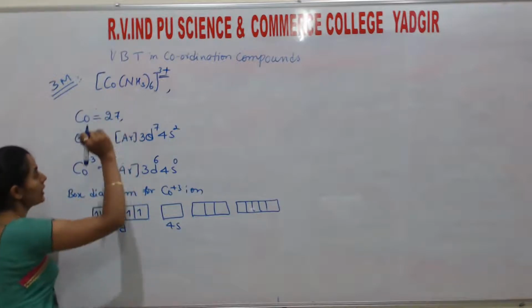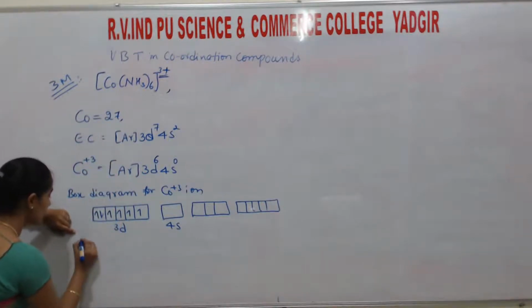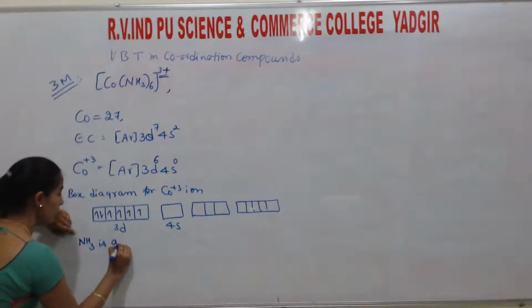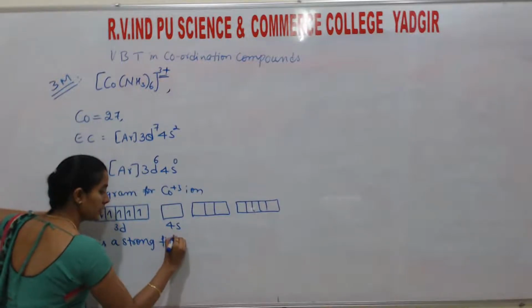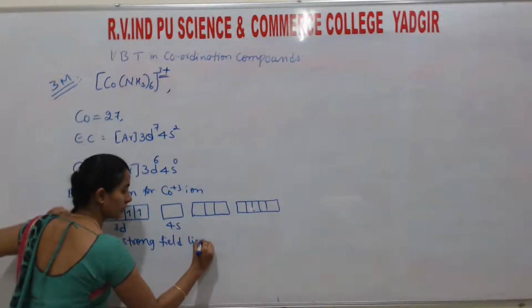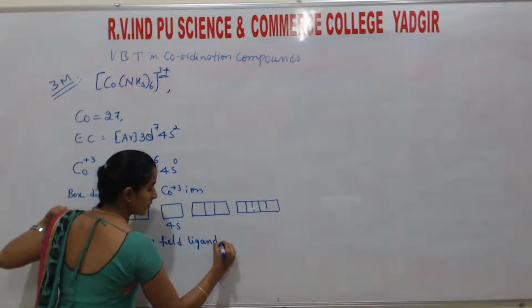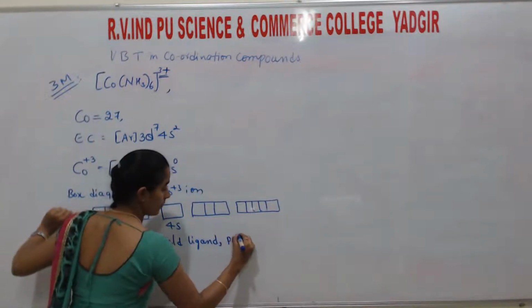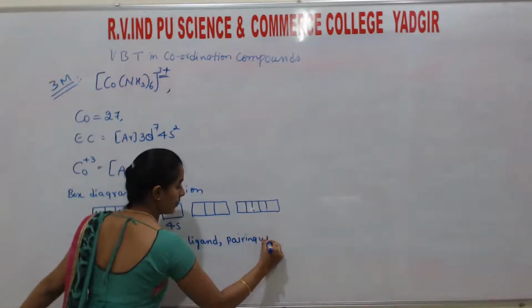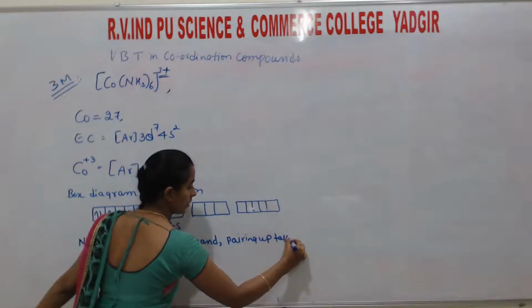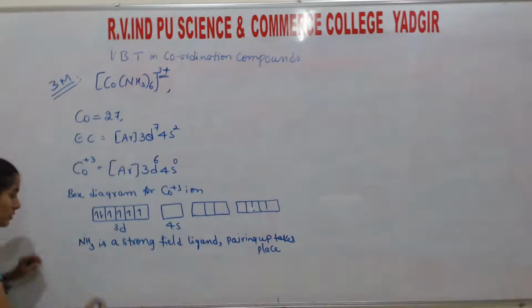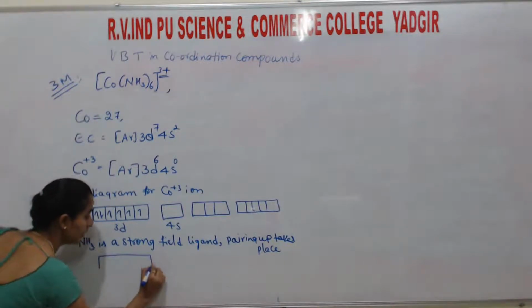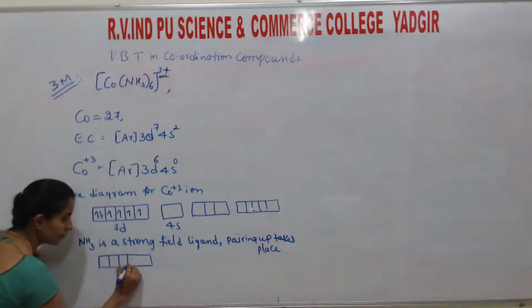So NH3 is a strong field ligand, so pairing up takes place. Right? So next, we will again write the box diagram here.